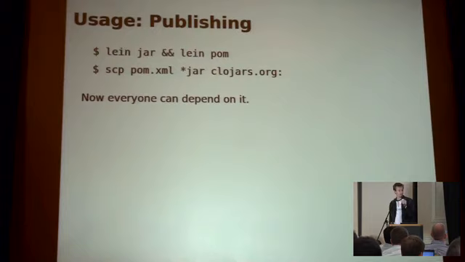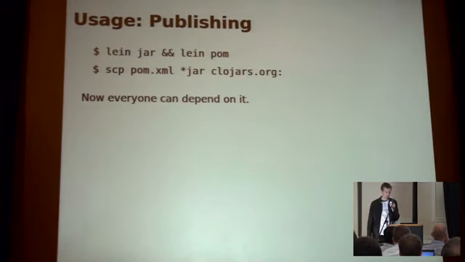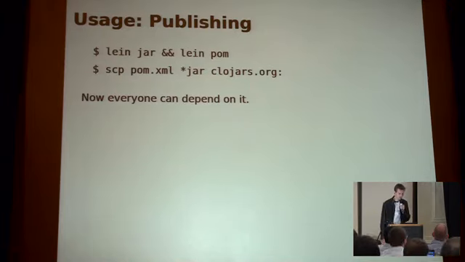Super handy and very low overhead, no administrative process of getting a project approved or anything. I think that's really important at this stage in Clojure. It's allowed for an explosion of libraries to get out there and be useful.